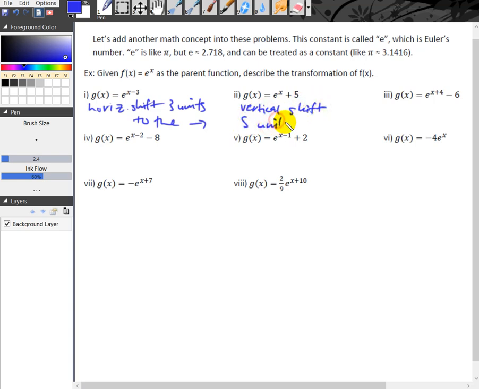Okay, if we have a +5 here, this would represent a vertical shift 5 units up. Okay, number 3 and number 4 here, this would be a combination of shifts.